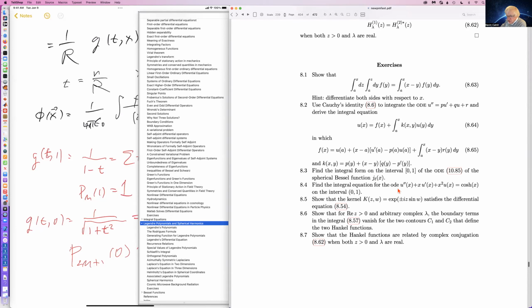Find the integral equation for this ordinary differential equation, u double prime plus xu prime plus x squared u equals cosh. So it's very much like the one I did in class. It's just that I interchanged x and x squared, and I replaced sine by cosh. So I kept the interval, though, so that you won't have to keep track of u of a. U of a is going to be 0, and so the equations will be simpler.